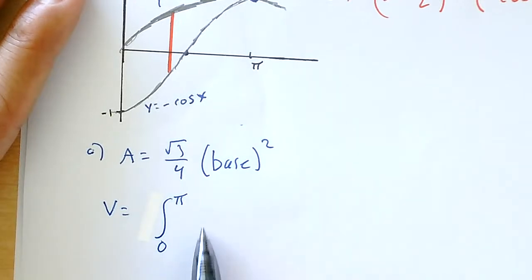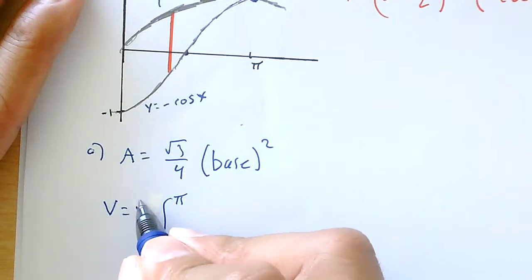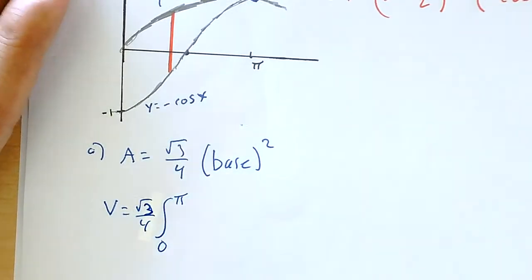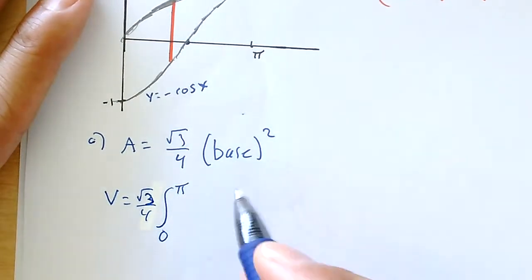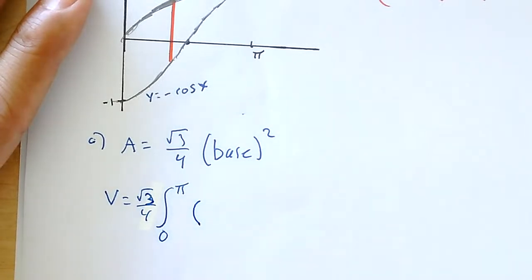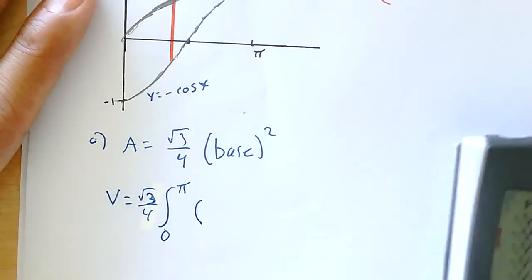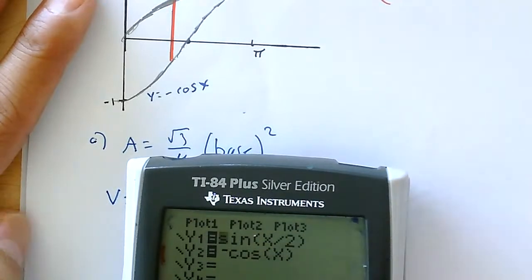I don't want to write the rad 3 over 4 inside of the integral. I'm actually going to take it out because I'm going to pop that into my calculator right now, save myself a little bit of time. And the base, the way I have it entered in my calculator, which one did I put first? It is the top one minus the bottom one.